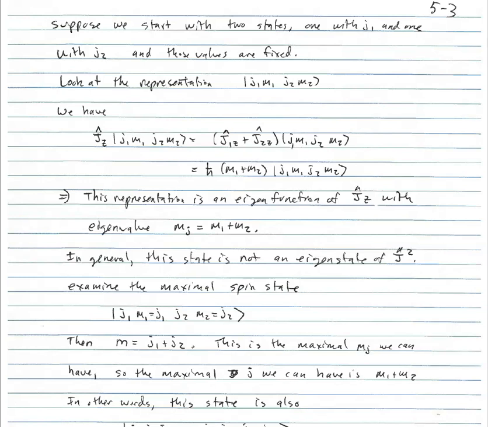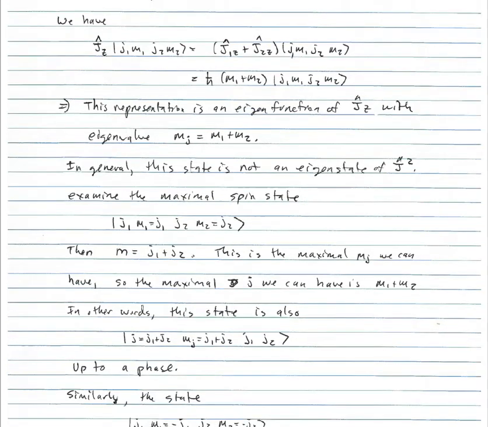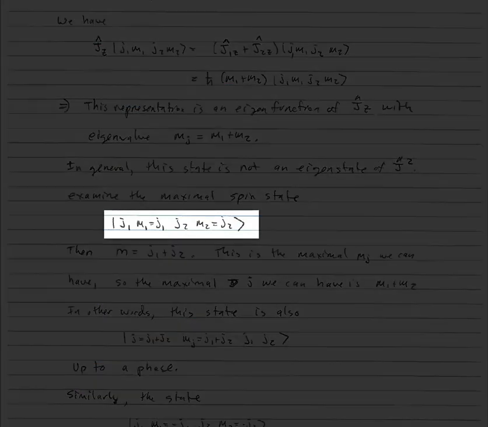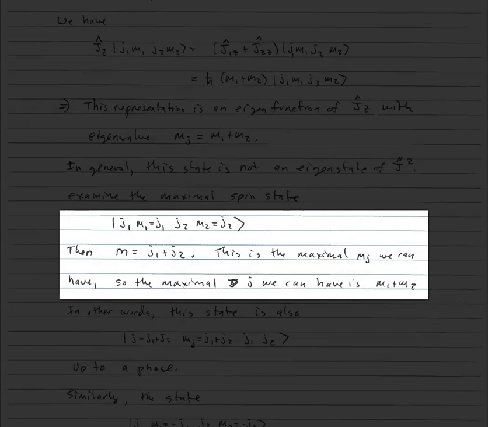So let's take a look at the maximal spin state. The maximal spin state has m1 equal to j1 and m2 equal to j2, which means the total m, the quantum number for total jz, is j1 plus j2. I just add up m1 plus m2, it's equal to j1 plus j2.